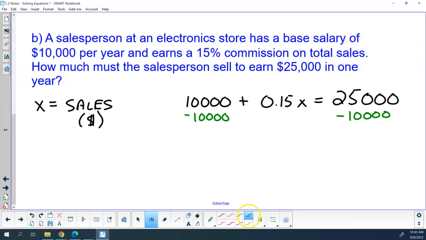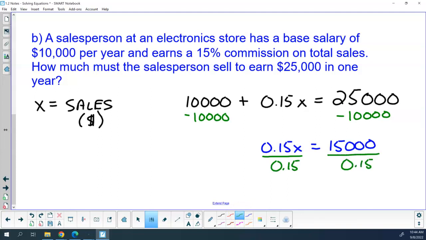That gives me 0.15 X equals 15,000. Divide by 0.15. That should give me X equal 100,000, right?